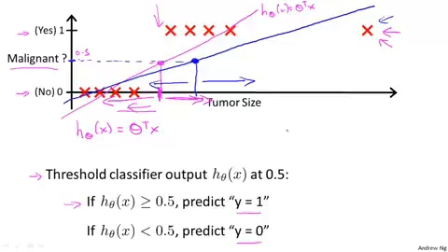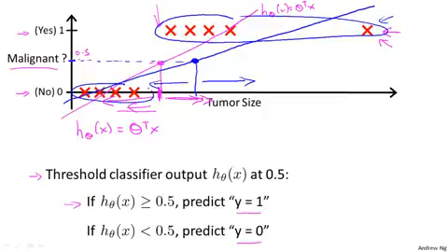And this seems a pretty bad thing for linear regression to have done, right? Because these are our positive examples, these are our negative examples. It's pretty clear we really should be separating the two classes somewhere around there. But somehow, by adding one example way out here to the right, this example really isn't giving us any new information. I mean, it should be no surprise to the learning algorithm that the example way out here turns out to be malignant.